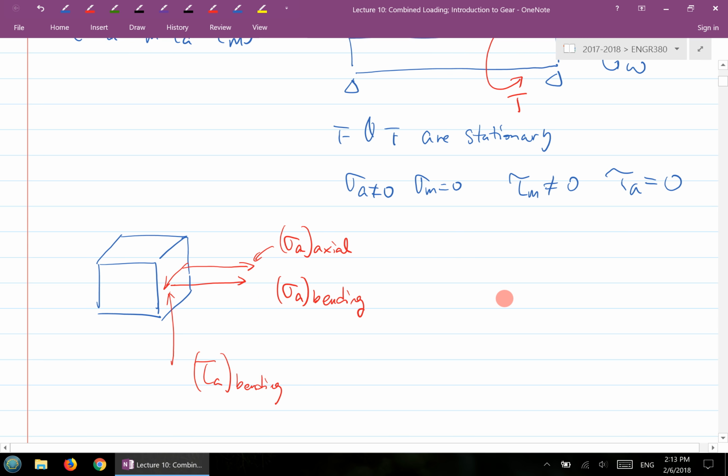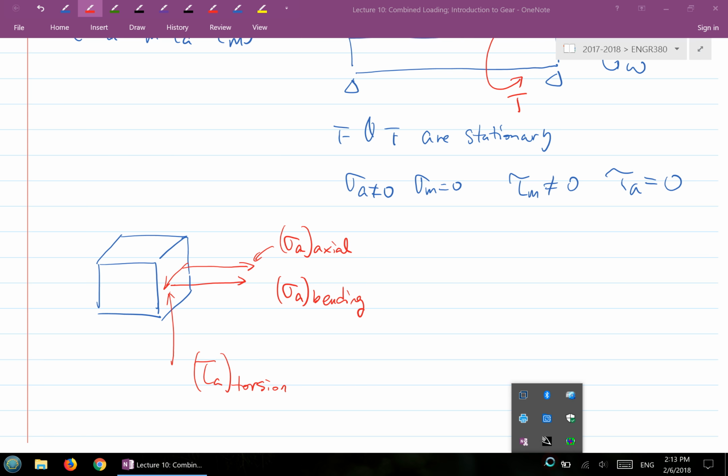Sorry, I said bending, not bending, torsion. There's torsion here. So if I look at the type of source for sigma A or tau A, this is the source contributing to this.